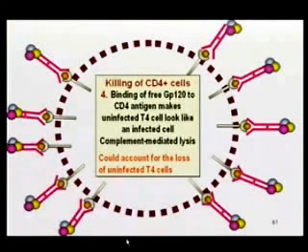So one of the hallmarks of an infected patient is a large amount of free GP120 circulating in the bloodstream. This GP120 comes along and binds to CD4 antigen, and then the cell can be recognized as looking like an infected cell and can get destroyed.